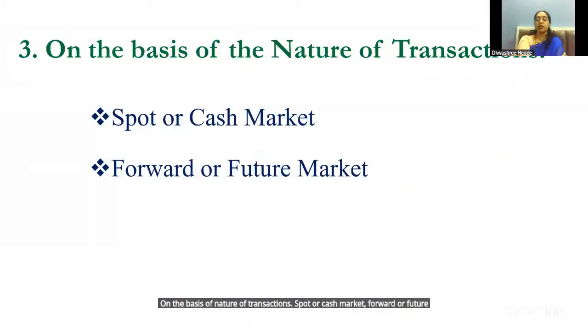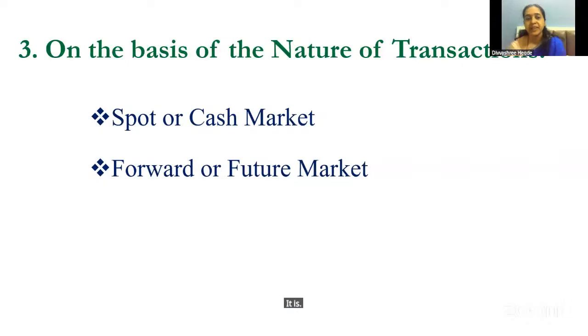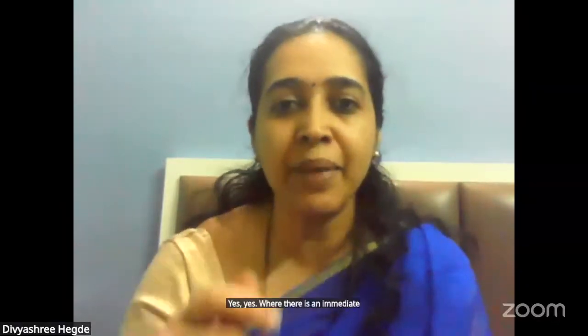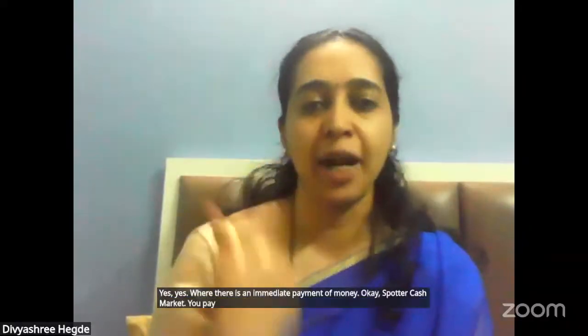On the basis of nature of transactions, spot or cash market, forward or future market. What do you mean by spot or cash market? Where you pay the money for the exchange immediately. Yes, yes. Where there is an immediate payment of money. Okay, spot or cash market. You pay money and buy the goods.